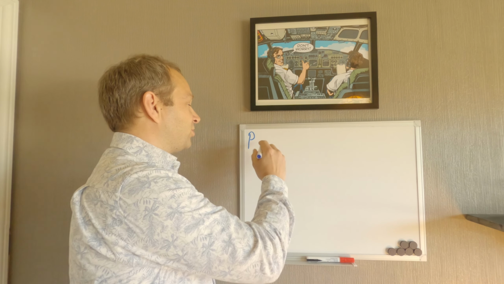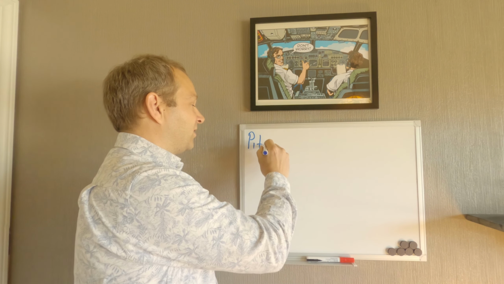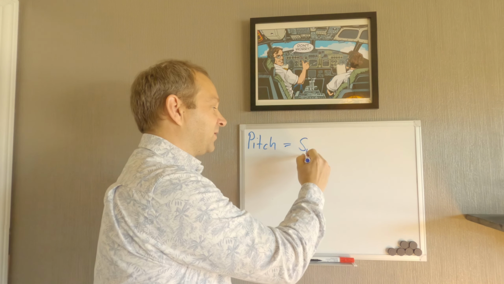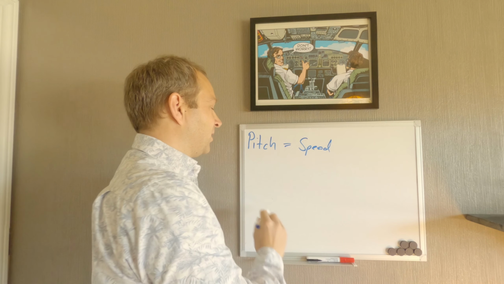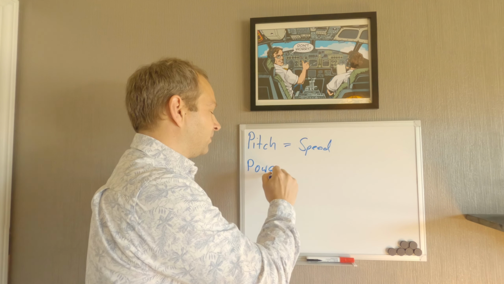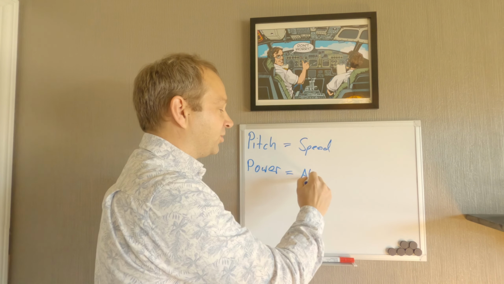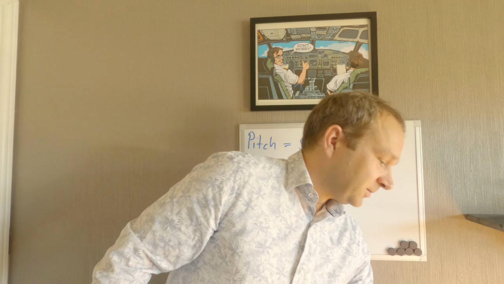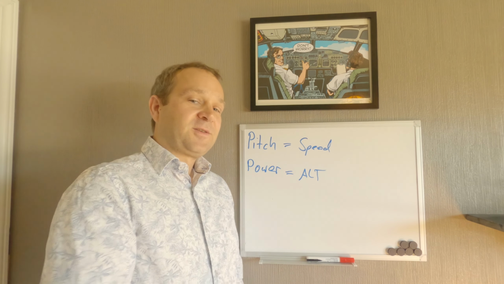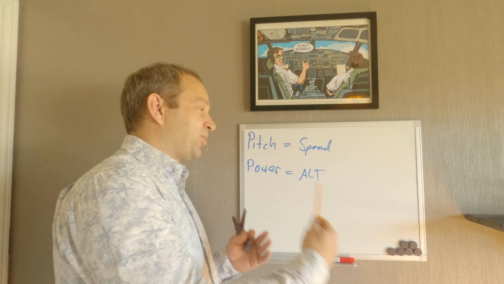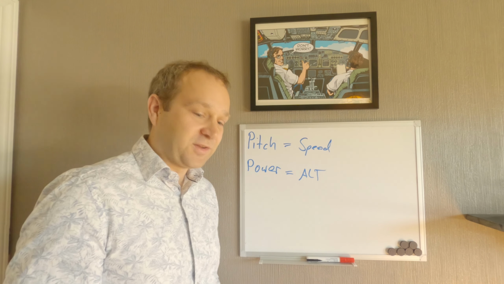What I usually teach is that you pitch your aircraft for speed, and you use power for altitude. And I know these two things are connected to each other, but if you separate them a little bit, it's easier to understand.